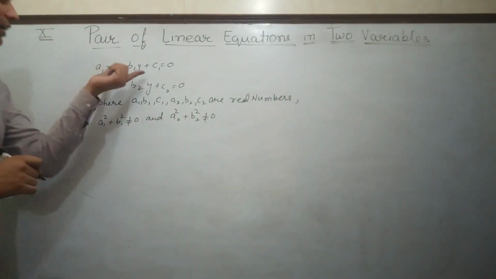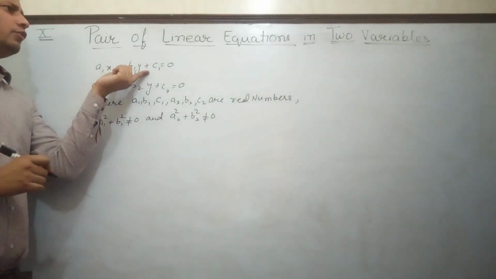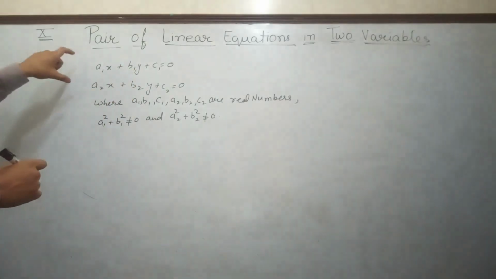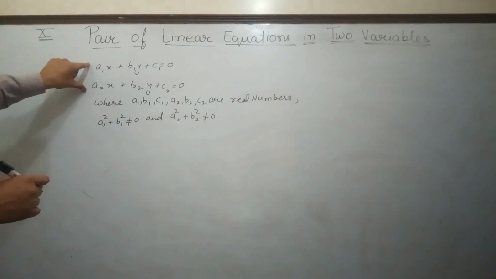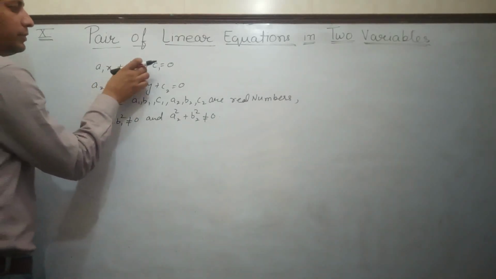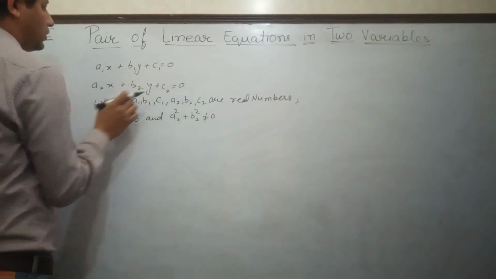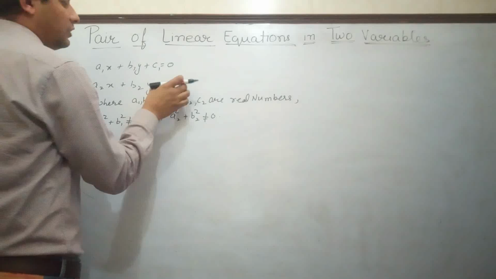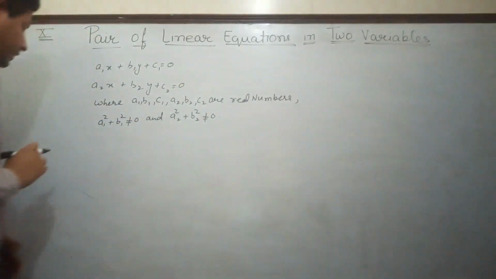Since a linear equation in two variables represents a line, we have here two lines. One is a1x plus b1y plus c1 is equal to 0 and second line is a2x plus b2y plus c2 is equal to 0.